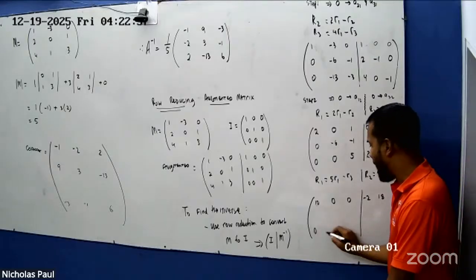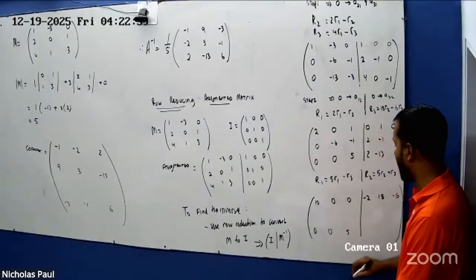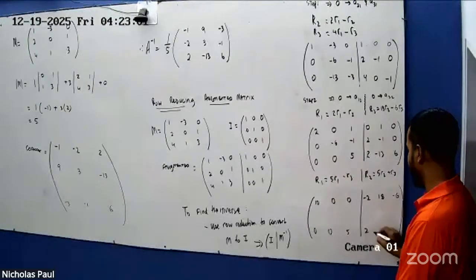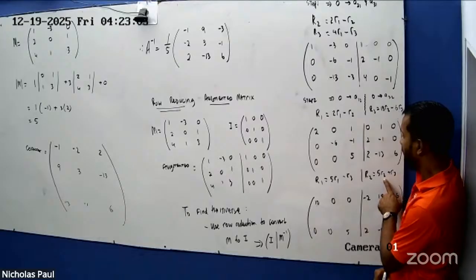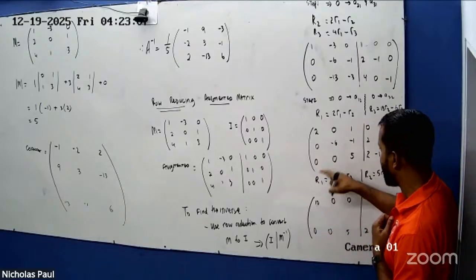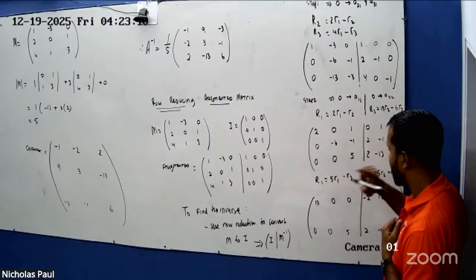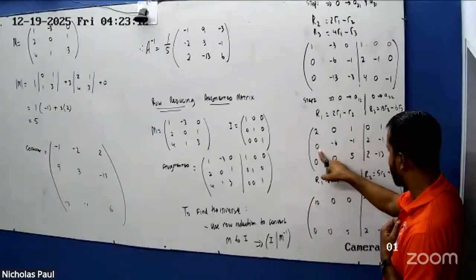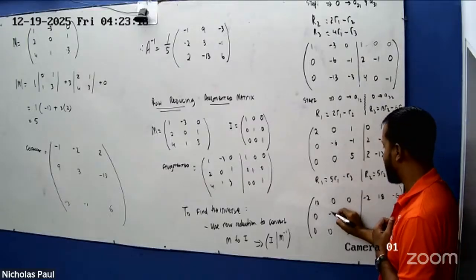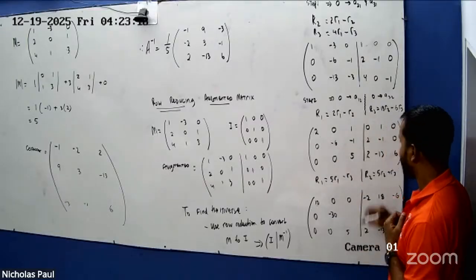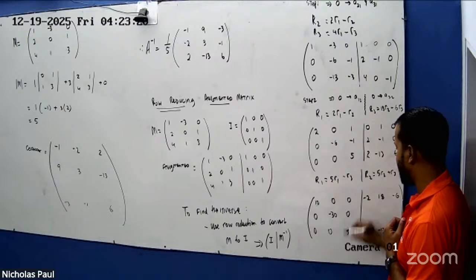I am satisfied with row 3, so I'll leave it. So I'm using these two, 5 by this. 5 by this plus this is 0. 5 by this is minus 30. 5 by this plus this is 0. So we're real good there.